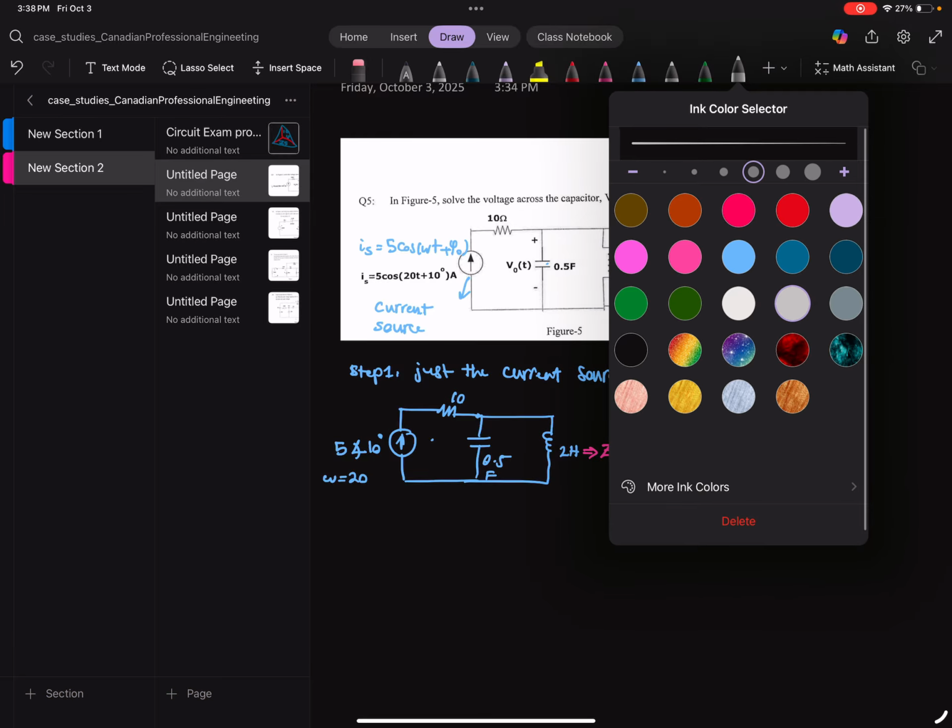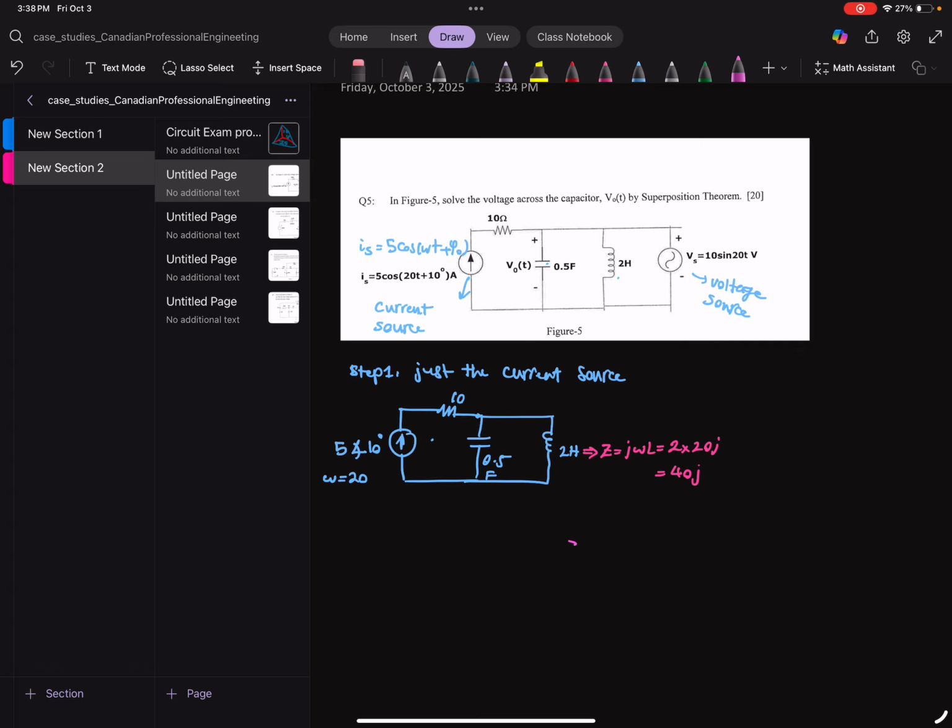I really like the color, but I hope it's clear to you guys. And then the capacitor is 1 over j omega C, which is 1 over j times 20 times half. So it's going to be minus 0.1j.